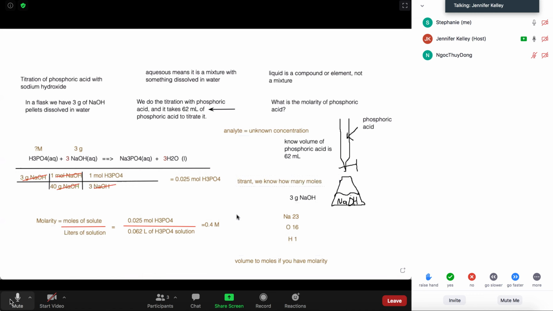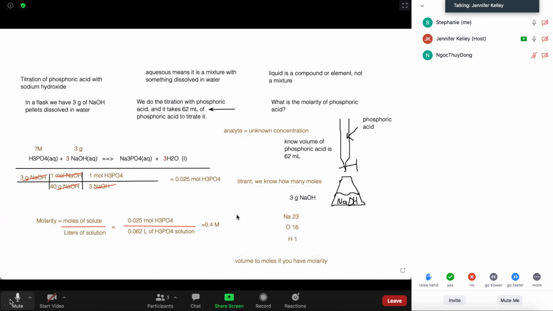So for the titrant, we know how many moles we have. We don't necessarily always know what the molarity is, but we do know the number of moles. For example, in this case, if we had taken solid sodium hydroxide and put it in the flask and added water to it, but we weren't adding a specific amount, then it wouldn't really matter how much water, because at the very end we're still going to have a 1-to-1 match.